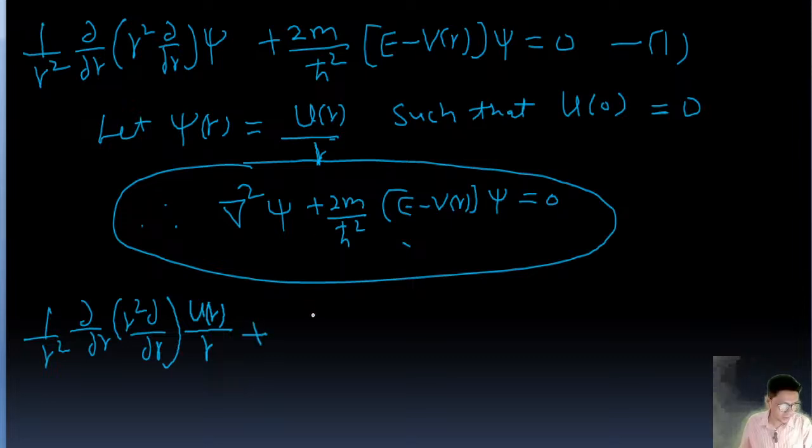Plus 2m here, because if you put this value, there would be one more term which we will subtract, that is minus L square upon h cut square r square.